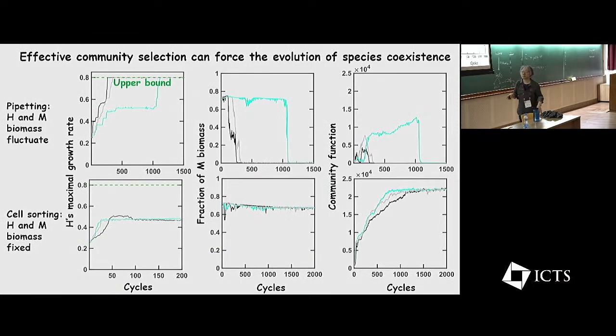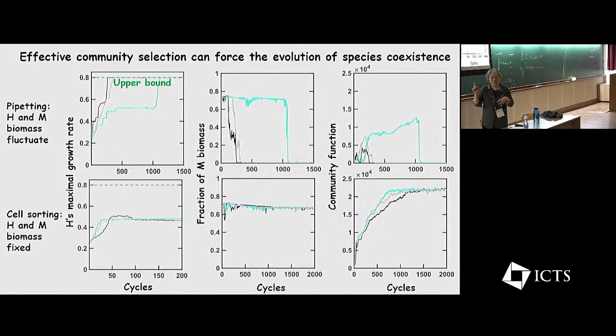Yeah, go ahead. In the basic textbooks of ecology, we hear this competitive exclusion principle. That if you have 2 species with the same resource, then one should ultimately survive. So how does coexistence go with that? Because in the classic case, they're not selecting at the community level. Right.